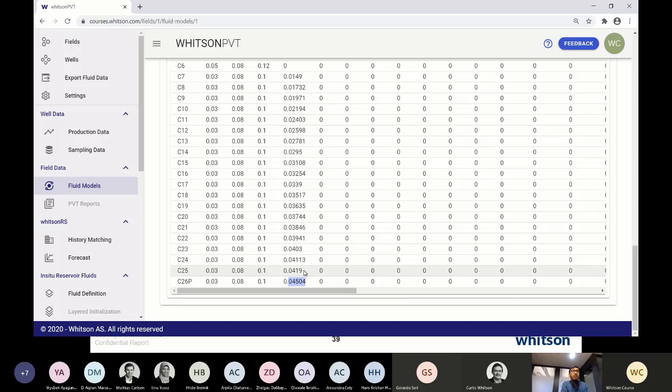But if you have very limited data, then you have to be very careful in changing these binary interaction parameters, because you may get very strange behavior outside of the PVT data, or the composition, pressure, and temperature you have for tuning the equation of state model.